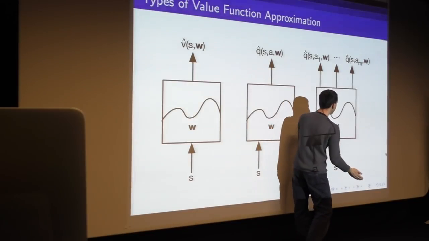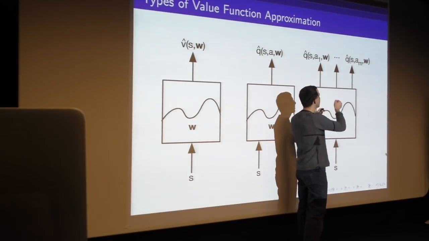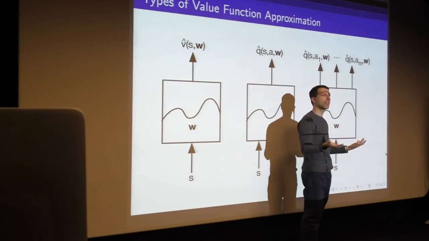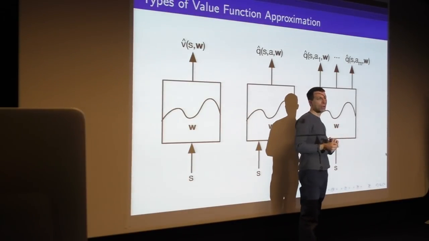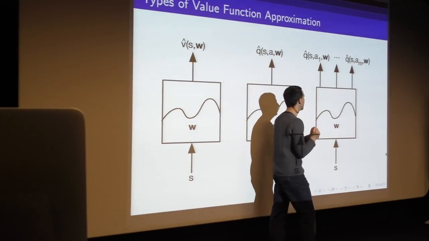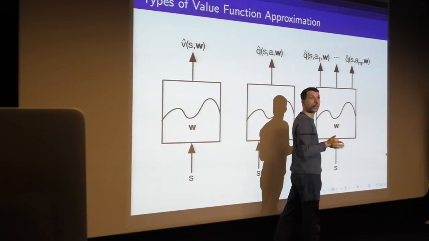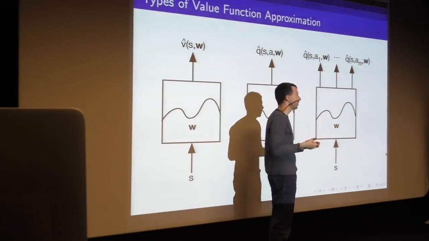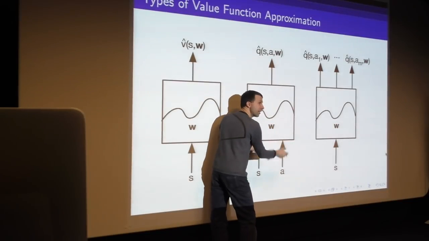The advantage of this is that in a single forward pass, this thing can spit out the values of all the different actions. We use this in Atari, for example. In one forward pass, we can say how good it is to move the joystick left, right, up, down, or press the fire button. Just in one forward pass of your neural network, you get all of the information required to make a decision. You don't have to feed it back in with different actions again and again.